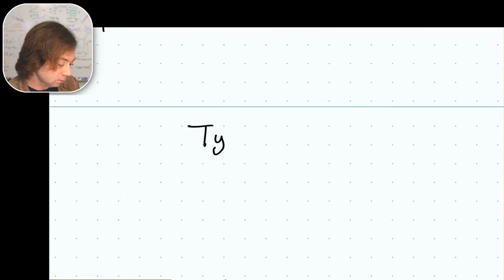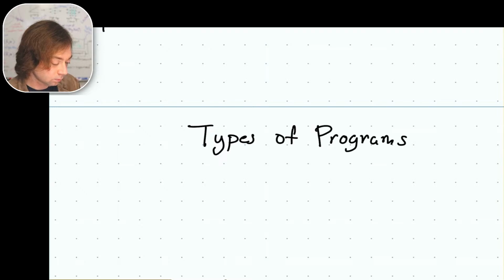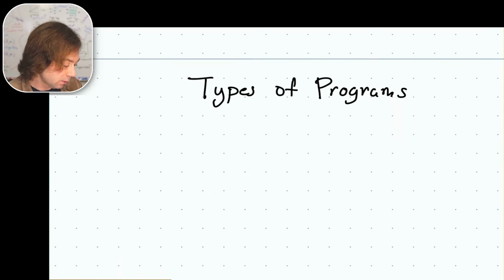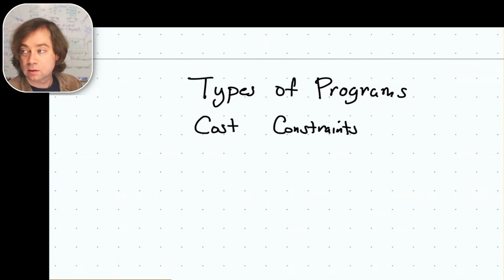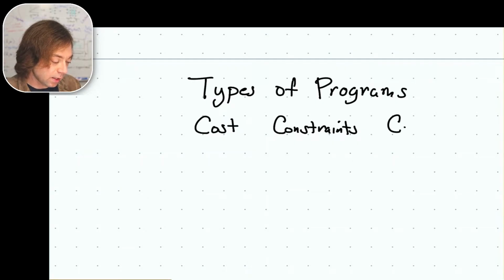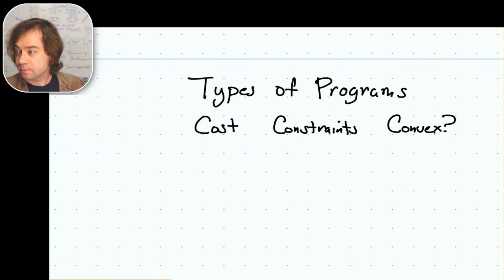I'll give you a little chart, where here you're going to have your cost, you're going to have your constraints, and is it convex? Okay, this is the high level view.